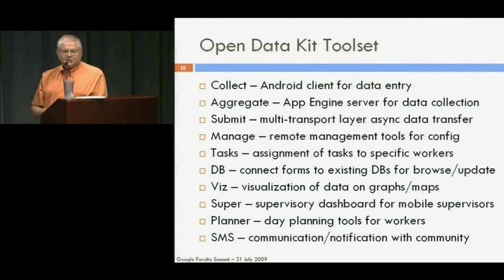A tool called Manage lets us remotely manage the phones and decide what forms they should have on them, what databases they should have on them, and transfer those files automatically in the background so that the user doesn't have to worry about keeping up with that. So we can literally have a green light that every phone is up to date, a red light when phones haven't been contacted, and yellow for transfers in progress. We also have a task management system, so we can hand out tasks. You know, here's what you should go do and the people you should go visit.